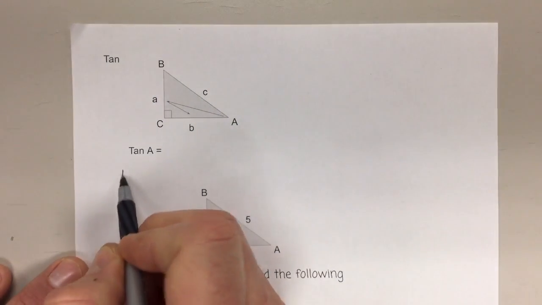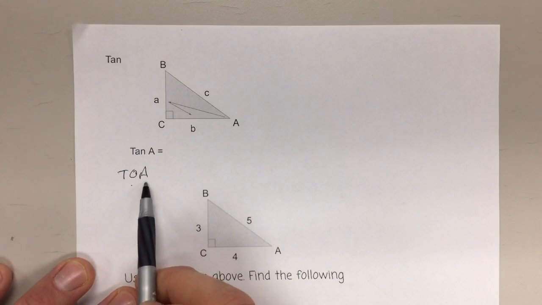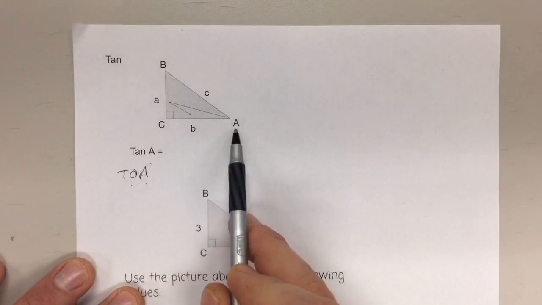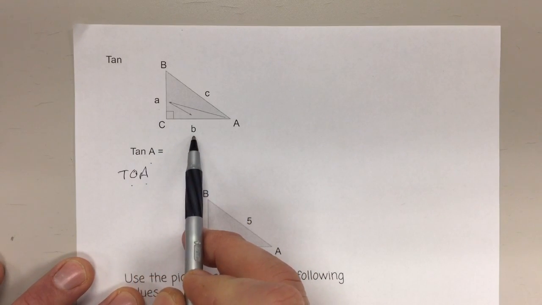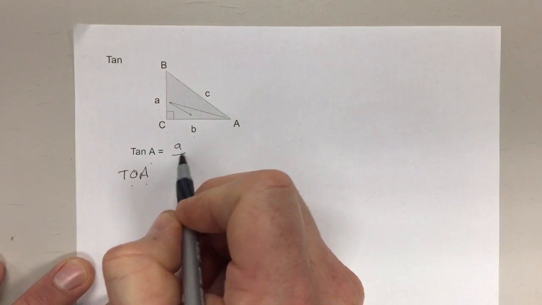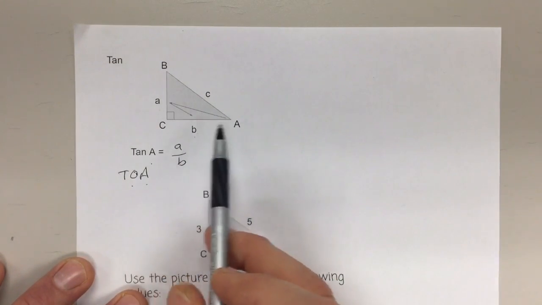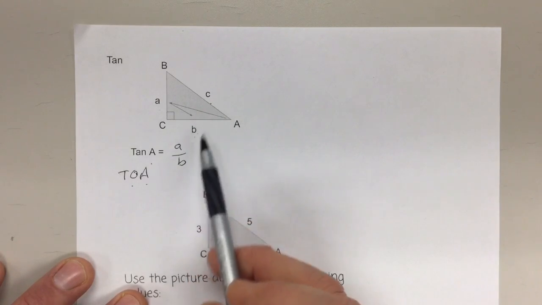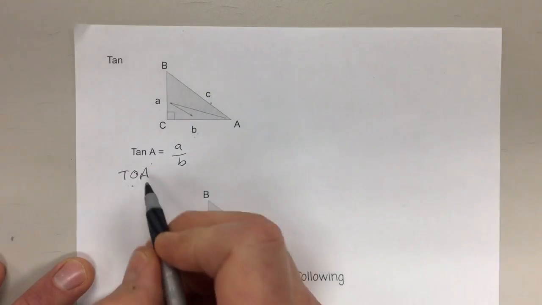For tangent, that's TOA, opposite over adjacent. So the tangent of A would be the opposite side a over the adjacent, or next to, side b. Opposite over adjacent. c is not involved with tangent because c is the hypotenuse, and the hypotenuse is not part of tangent.